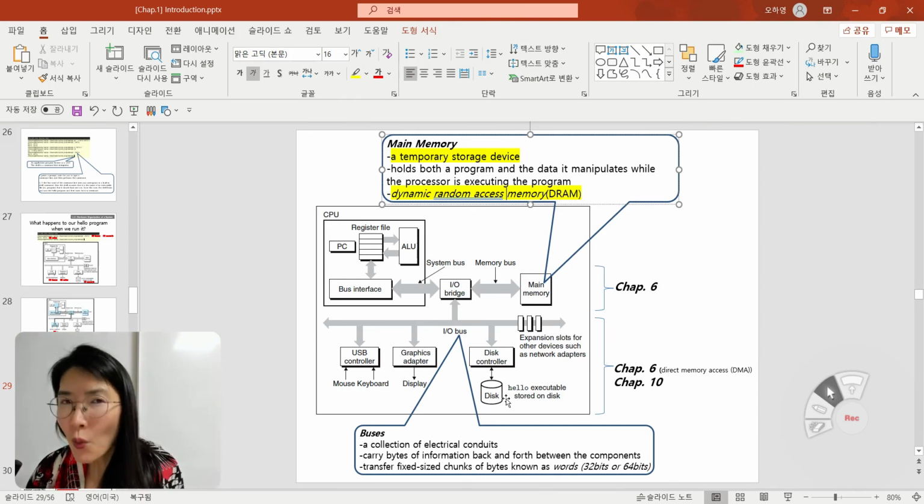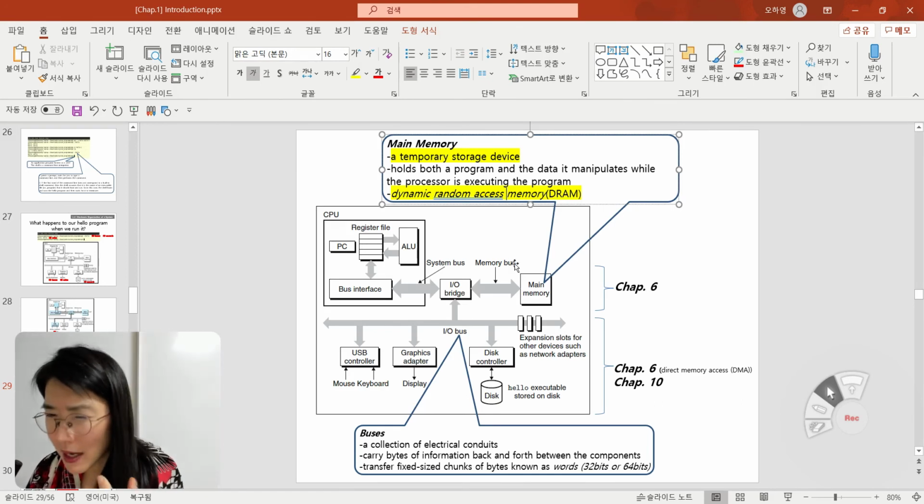But when we consider the executable, our own executable file or data can be temporarily stored in main memory for efficient operation with the CPU's cooperation, all right?